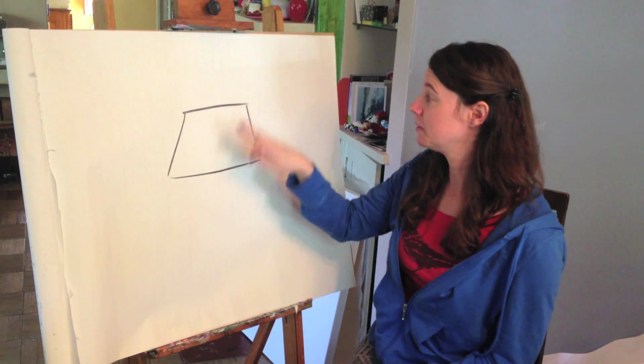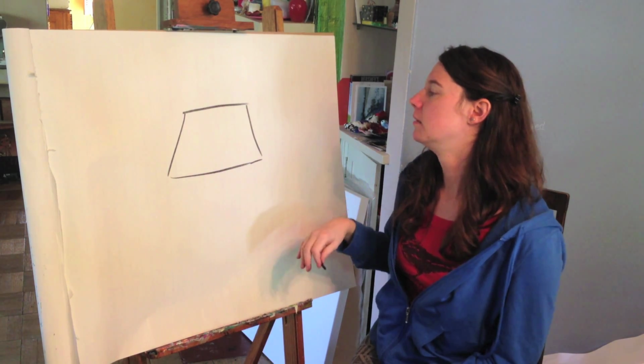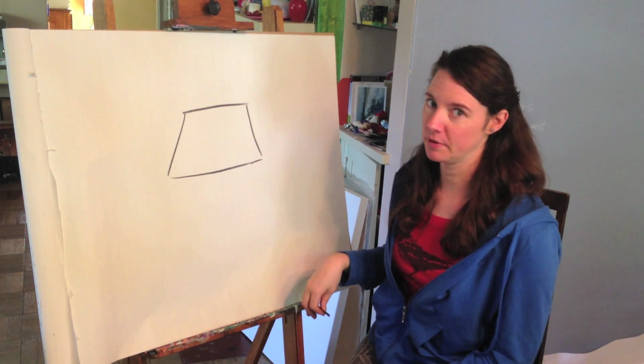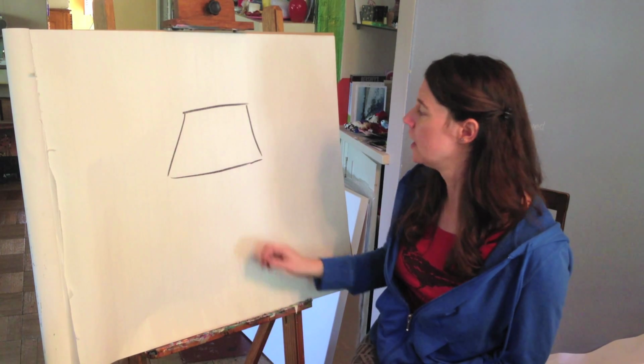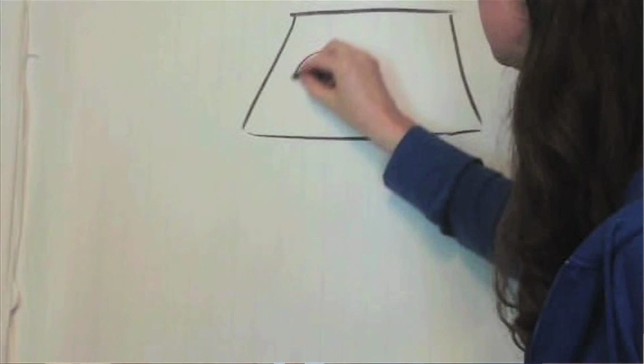A lot of times people have lots of fun ideas for this one. One that was really fun once was a lamp, and we turned it into a little lamp character. Another one that I see when I see this trapezoid is this.